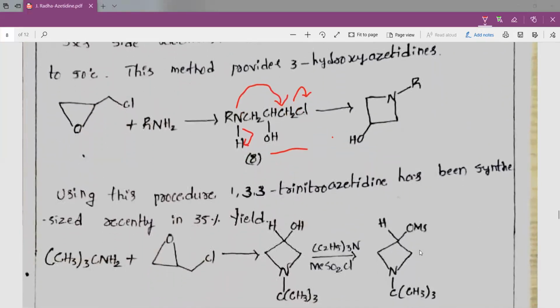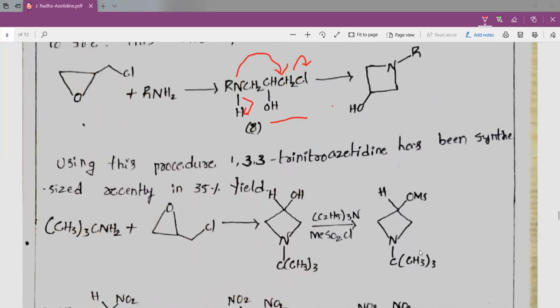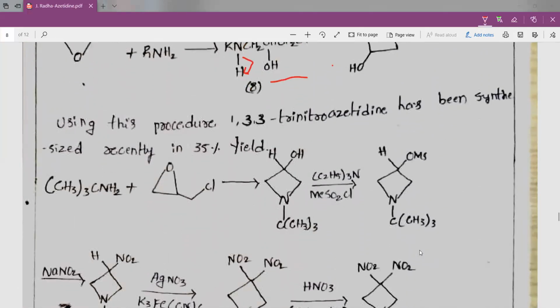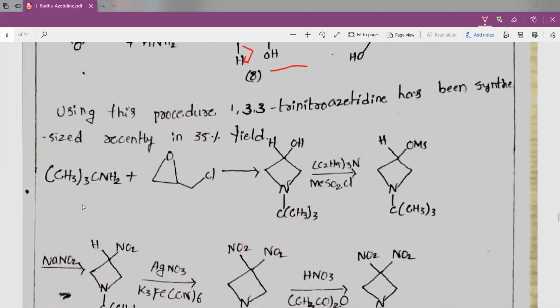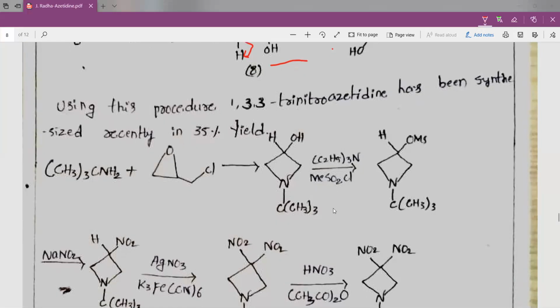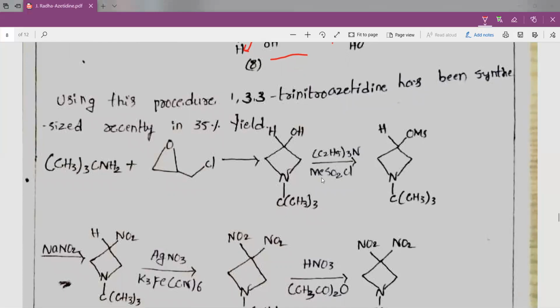So by this procedure, various azetidines have been prepared. This is a tertiary butyl alkyl amine reacting with epichlorohydrin, resulting in the formation of a substituted azetidine, which is then treated with methyl chlorosulfonate to form a mesylate.